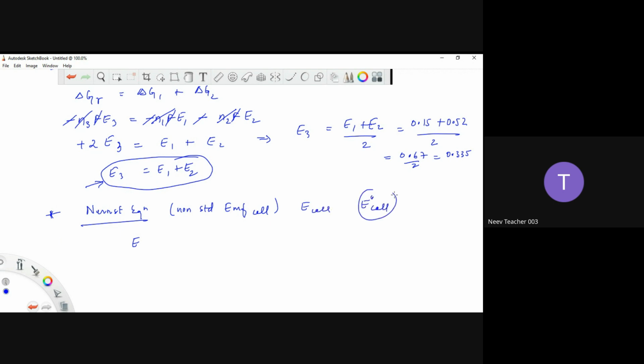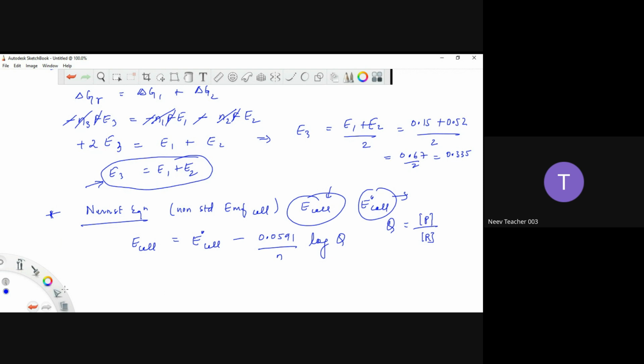This E naught cell is the standard and this is non-standard. It is given by this formula: E naught of that cell minus 0.0591 divided by the number of electrons involved, times log Q. What is this Q? Q is the reaction quotient, concentration of product over concentration of reactant. Correct?